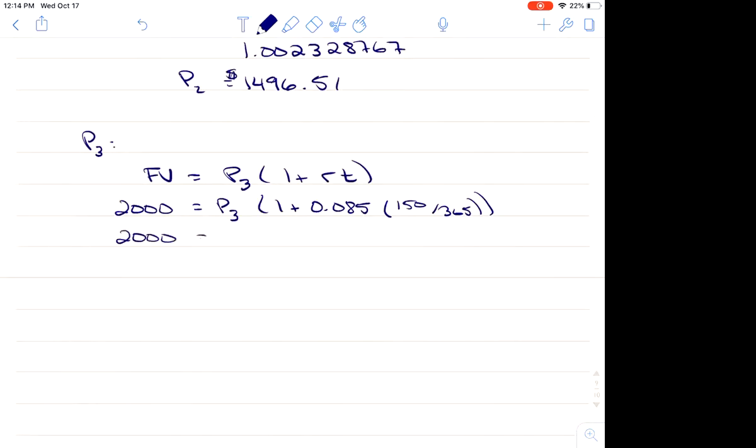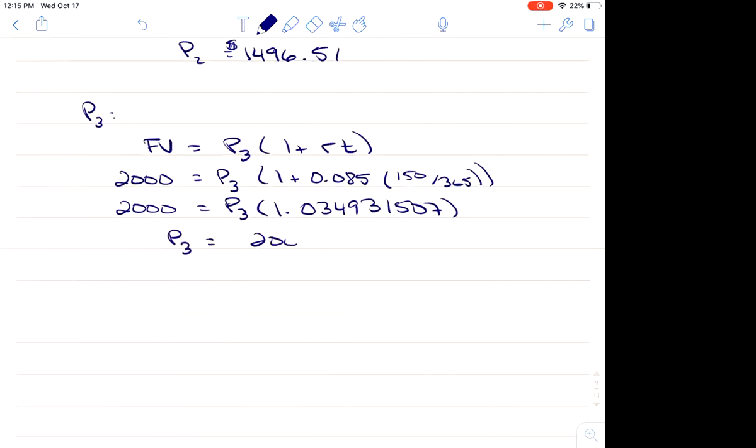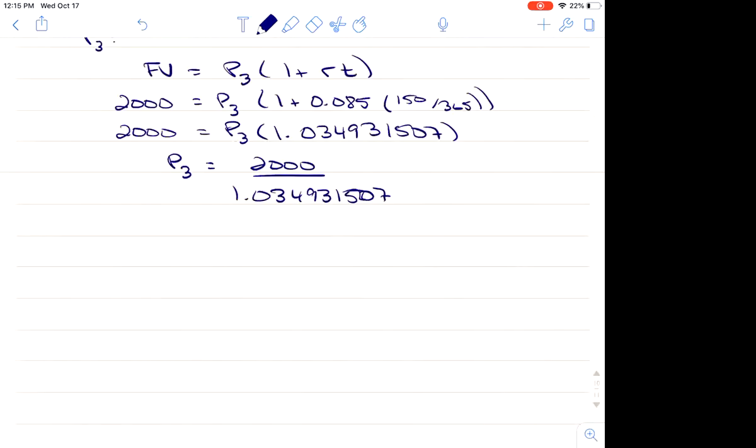So I have 2,000 is P3 times 1.034931507. P3 is 2,000 divided by 1.034931507. P3 is $1,932.50 rounding up.